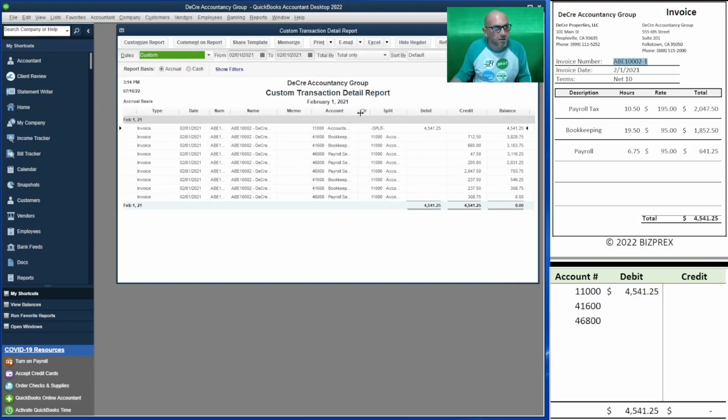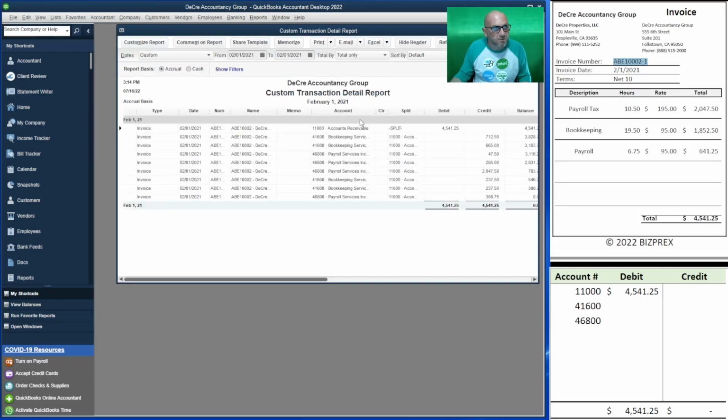You see that? Yes. Just like I told you, accounts receivable goes up, and then we have this distribution by account, 41,600 and 46,800, and that's it really. We can go ahead and sum them up just to show you the summation, the logic behind it.